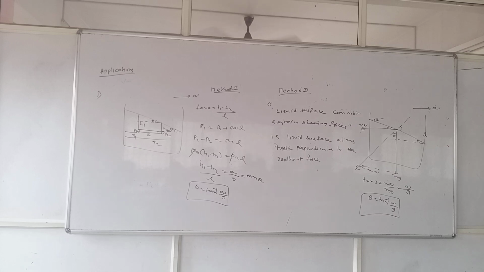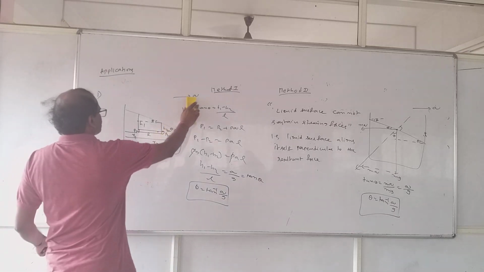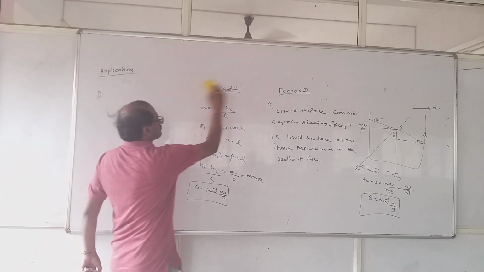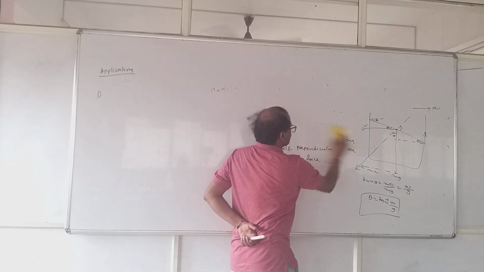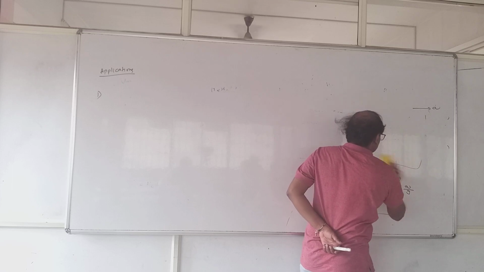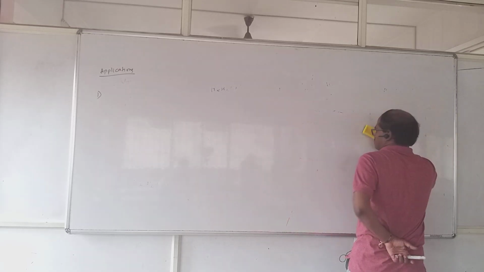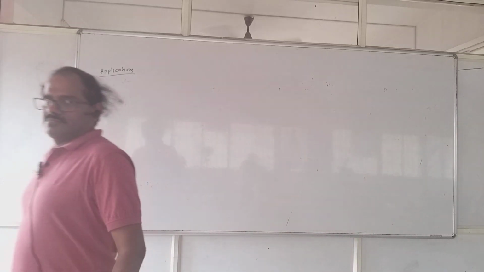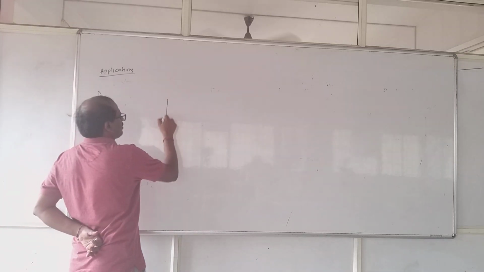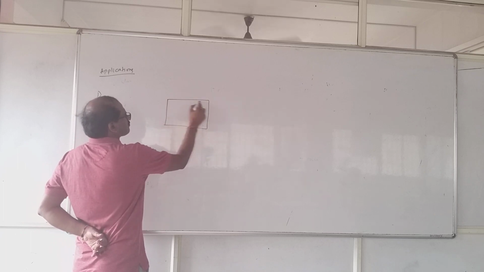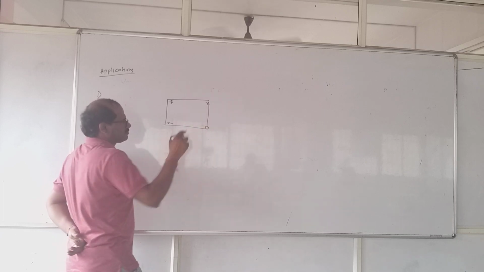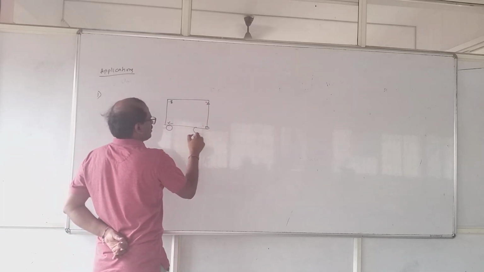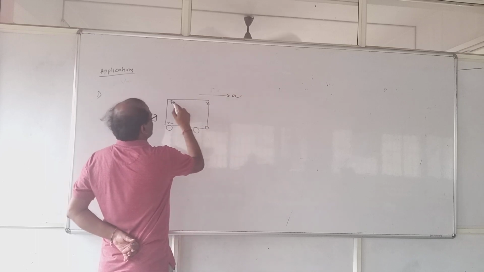Next, second problem. The second problem is a very famous problem. Suppose you take a vessel or vehicle type of thing, moving with an acceleration a, and it is filled with liquid.